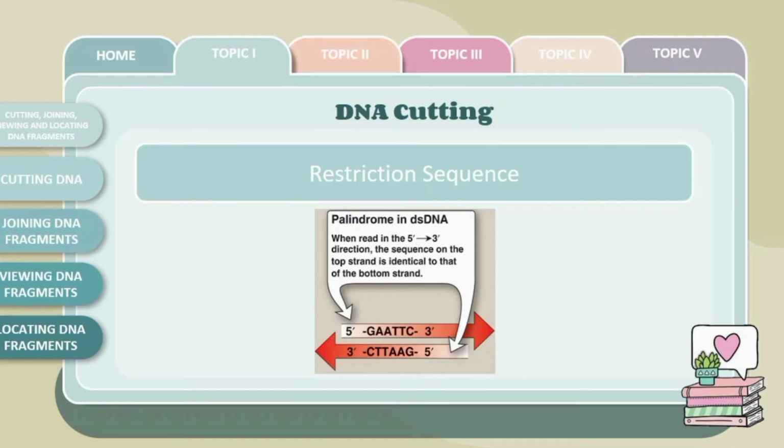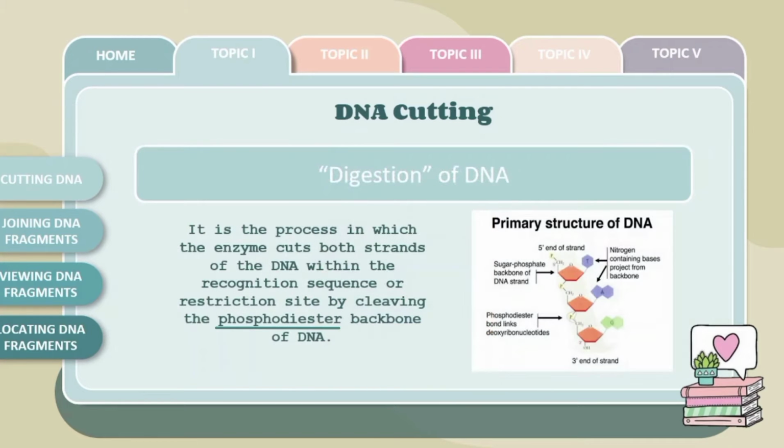Palindrome means a group of letters that form the same words when read both backward and forward, as illustrated in the picture. The enzyme then cuts both strands of the DNA within that sequence by cleaving the phosphodiester backbone of DNA, which is referred to as digestion of DNA.